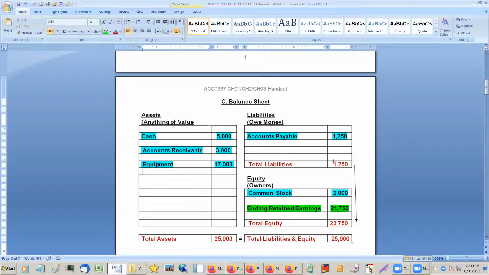How did you get these assets? Well, you borrowed 1,250, and the owners kicked in the other 23,750. So all the balance sheet does is tell you where these assets came from. You borrowed this amount, and the owners kicked in that amount, and that's how you got those assets. So if you're wondering why it balances, that's why it balances. You have to explain how you came up with those.